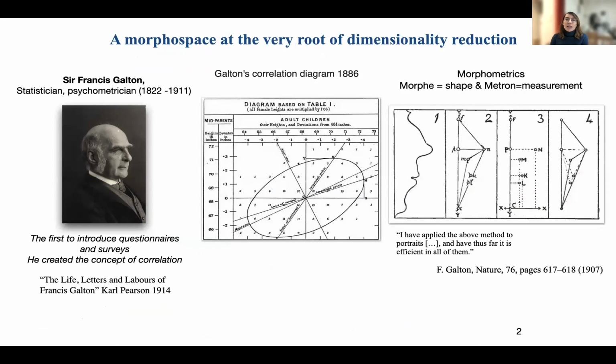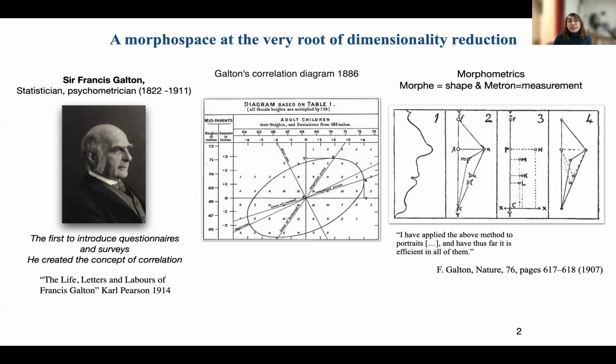First, I would like to start with a kind of historical introduction about morphospaces. This is the word that I'm gonna use throughout the presentation. The morphospace was used at first by Francis Galton in the late 18th century.